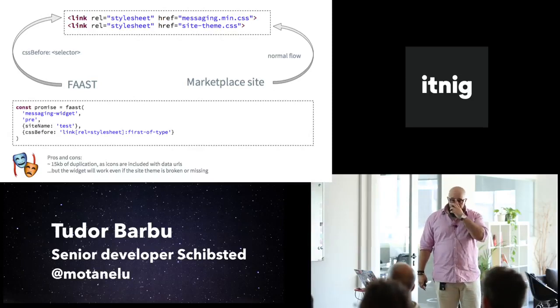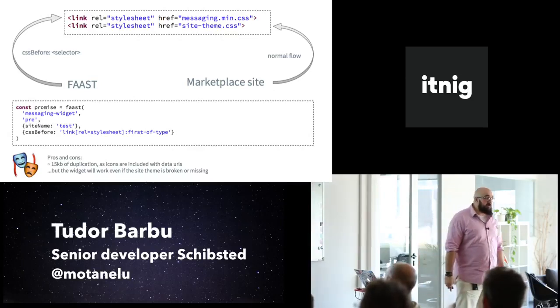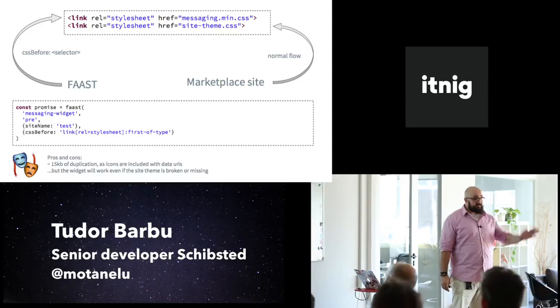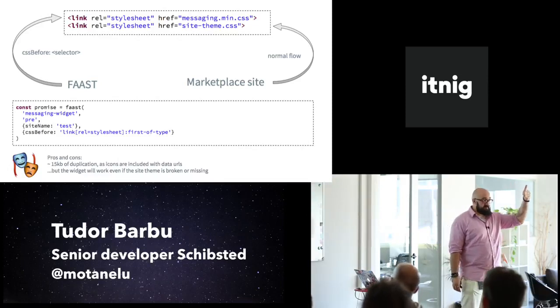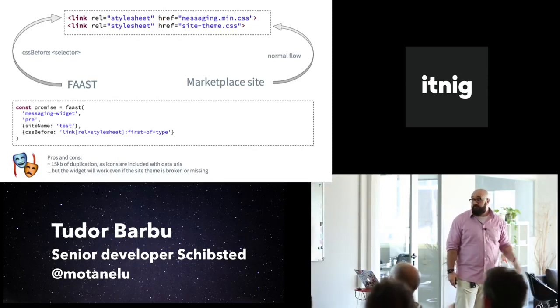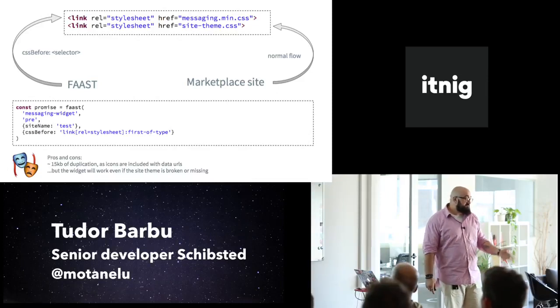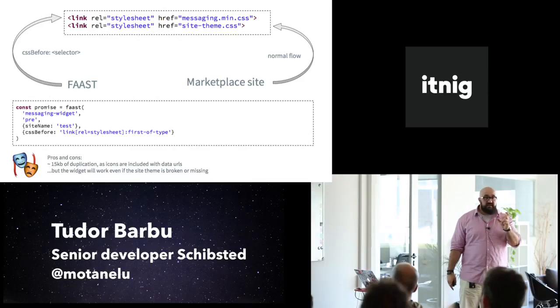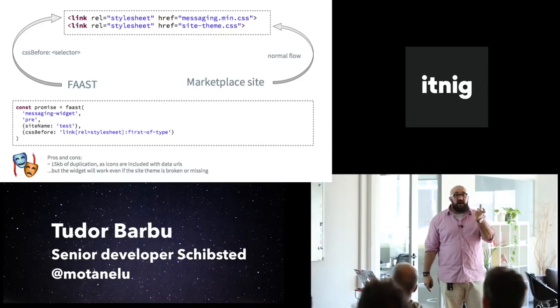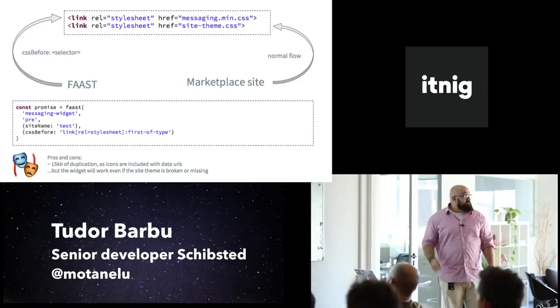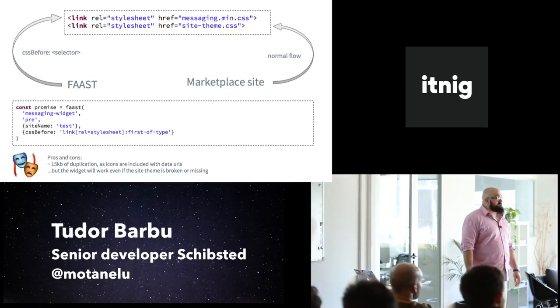The main con is we have around 50 kilobytes of duplications because we always send the default theme to be overridden by them, which is around 10 to 15 kilobytes depending on the sizes of the icons. You can maybe add an option to say, okay, I don't want it.